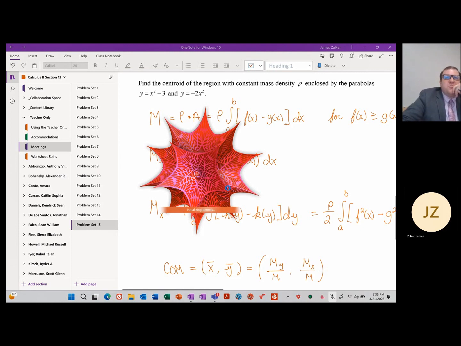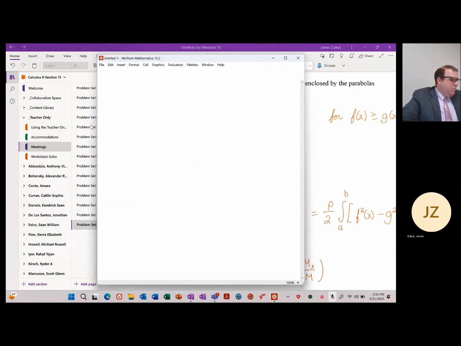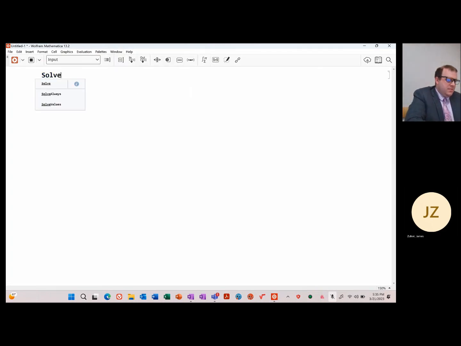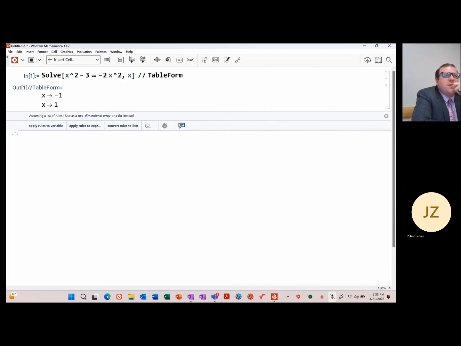It's not difficult to do, but I want Mathematica to warm up anyway because I'm going to be using it. You get -1 and +1.